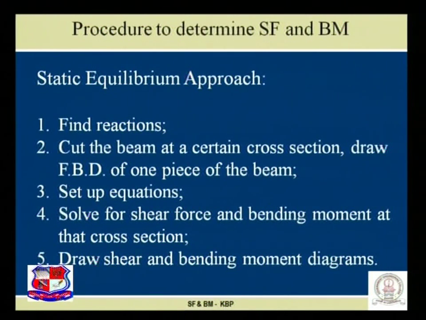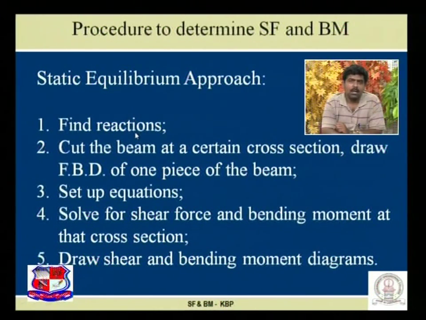Now, what is the procedure to determine the shear force and bending moment? We use the static equilibrium approach for the determination of SF and BM, and then we plot them. The first step is to find out the support reactions. We are studying statically determinate beams right now: simply supported beam, cantilever beam and overhanging beam.